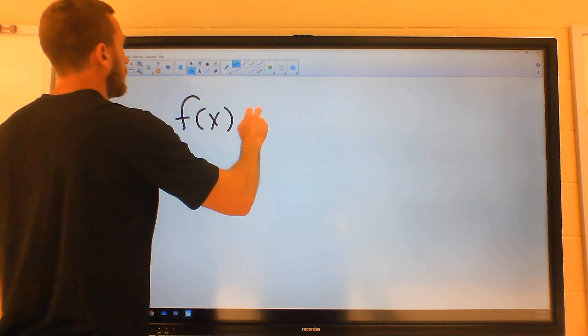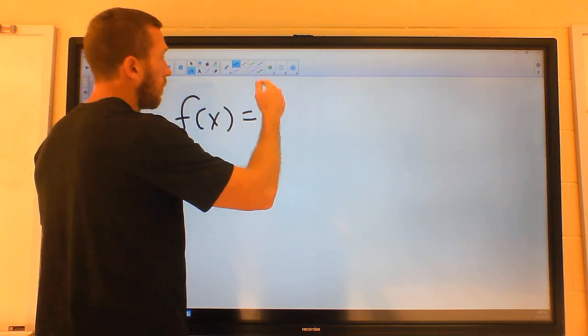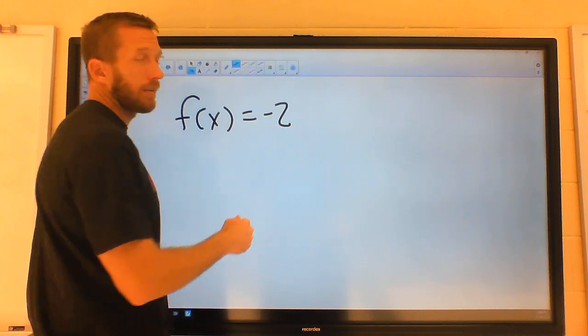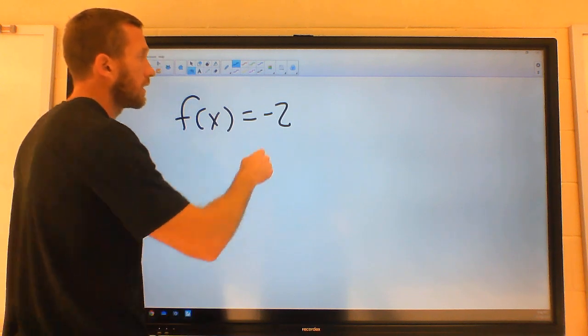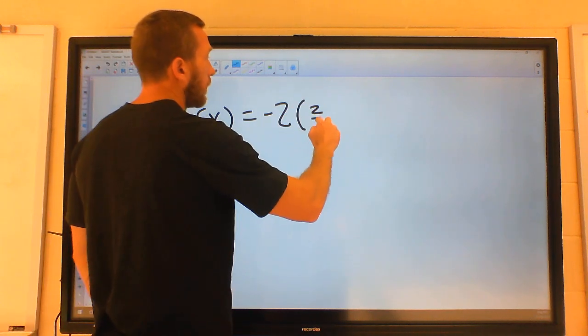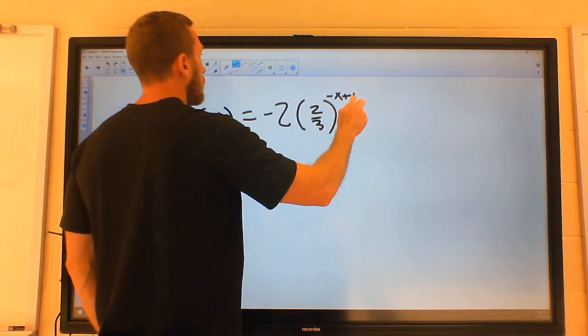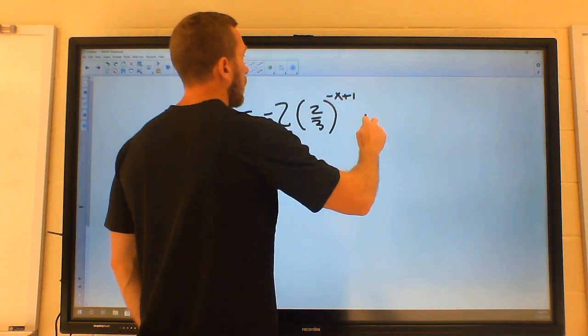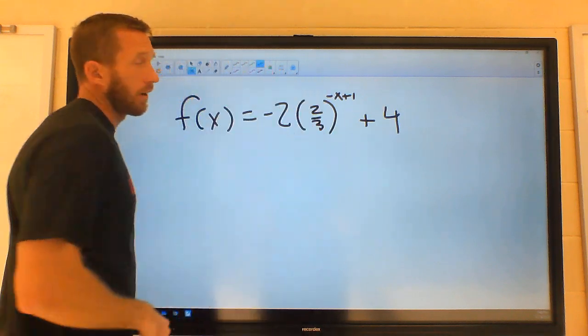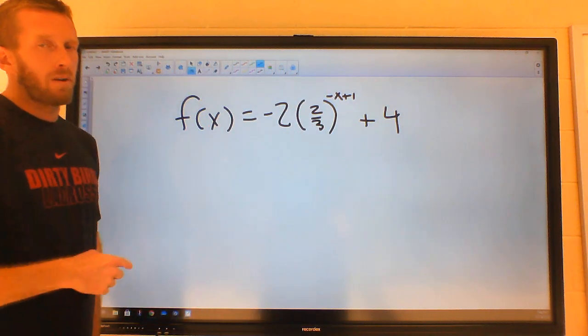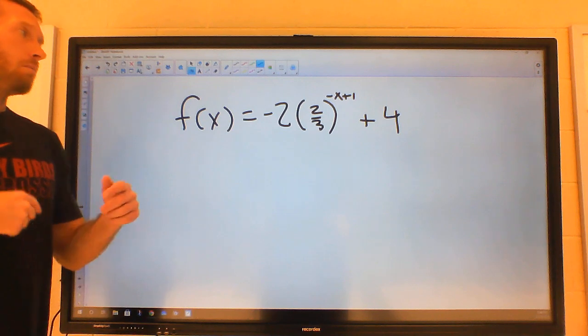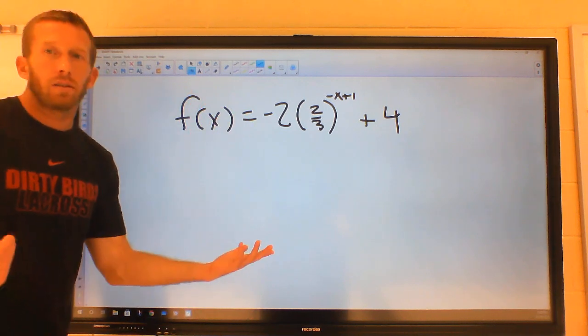f of x equals, and I'll put the whole kit and caboodle here. That's like a phrase, by the way, for those of you youngsters that don't know that. -2 times 2/3 to the negative x plus 1 power plus 4. Let me make this clear. I'm not asking you to graph this yet. This is above your pay grade as of today. But we will eventually get to where this is pretty easy.